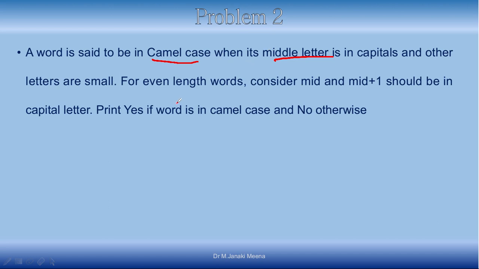You may have a doubt now: if it is odd length, we will have one middle letter, but what is the case when we have an even length word? The solution is, for human interpretation, you have to take mid and mid plus 1. And you have to print yes if the word is in camel case and no otherwise. That is how the problem is given.